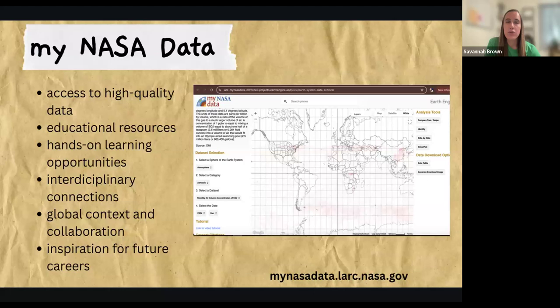And you are only going to reach so many of your students with your words. So this will encompass that visual piece for the visual learners like I am, and they can look at two different maps that are mapping the same variable, one from 25 years ago and one from this year. So I think that is a really powerful set of data for a student to look at.